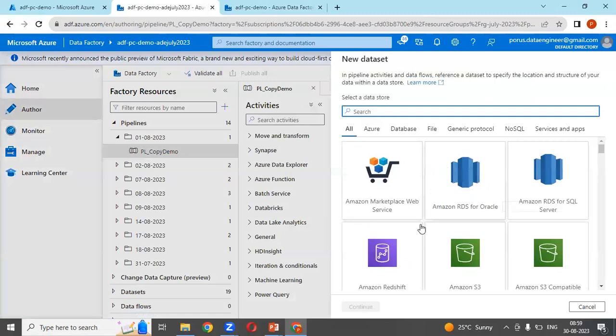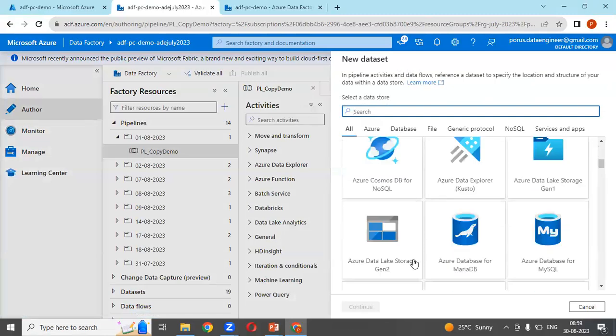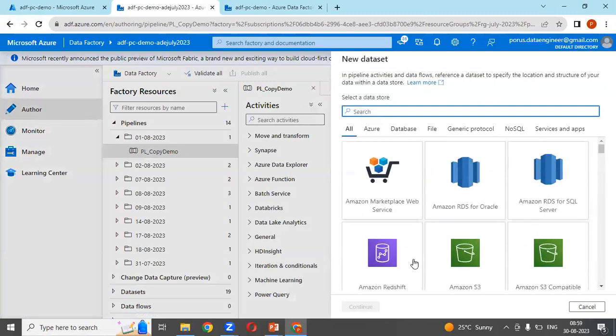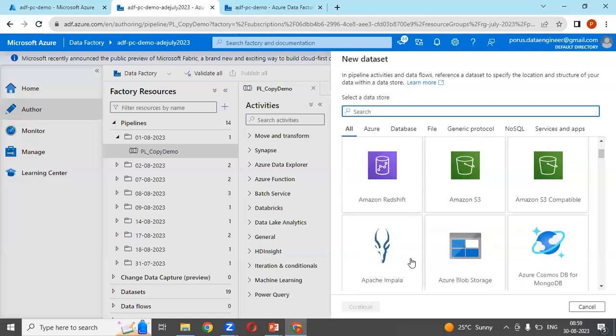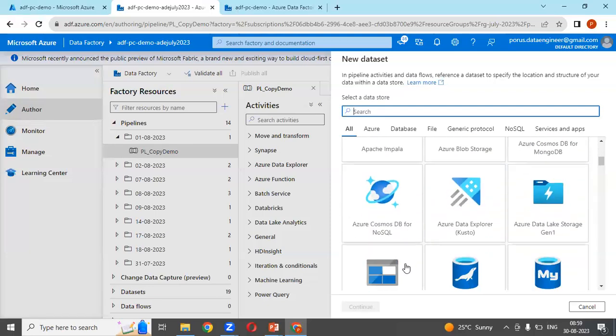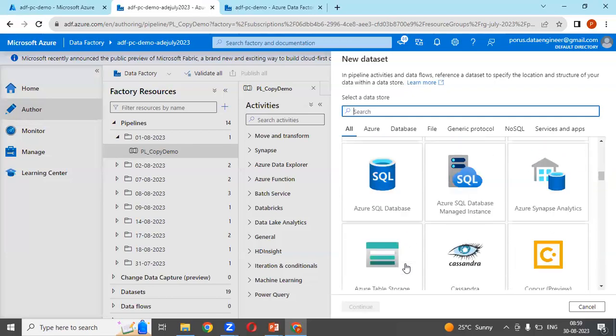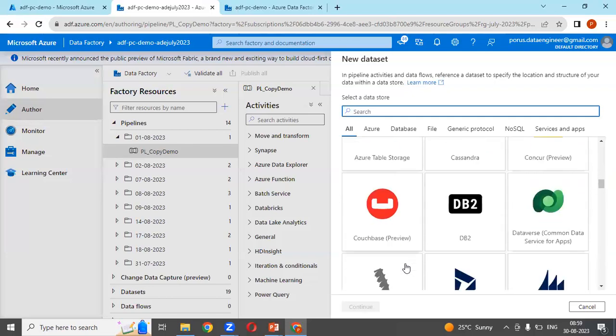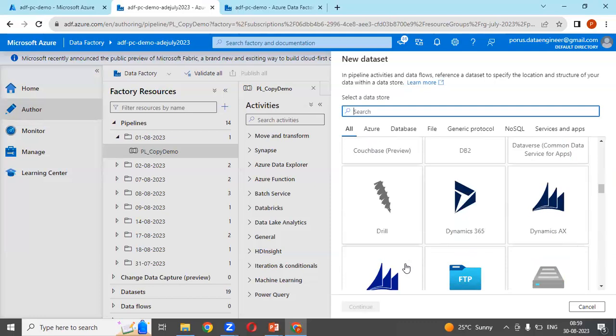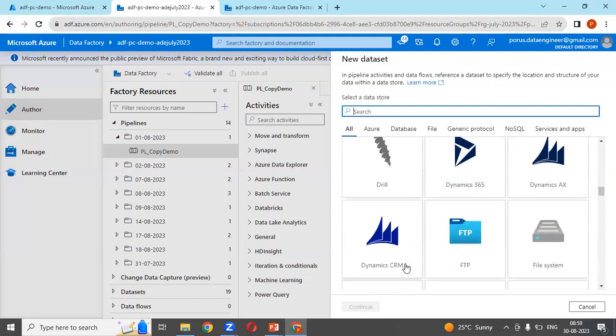Yeah. So if you see here, these are the various sources that Data Factory supports. Amazon Marketplace, RDS Oracle, RDS SQL Server, Amazon S3, compatible Redshift, Blob Storage, Data Lake Gen 1, Gen 2, File Storage, Synapse Analytics, Concur, Cassandra, Table Storage, and some are in preview mode.